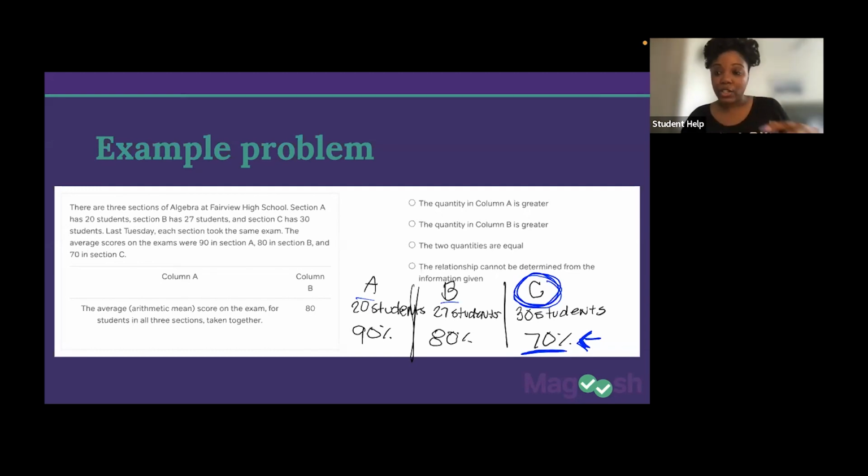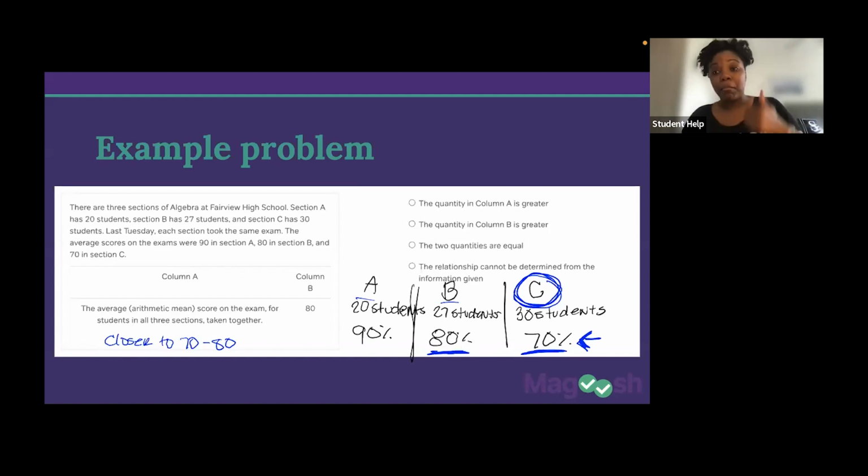So without having to do any math, I feel confident enough to say this is going to be closer to 70, probably somewhere between 70 and 80, but definitely not more than 80 because B is 80.